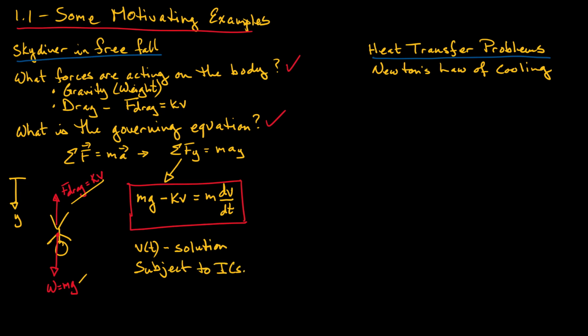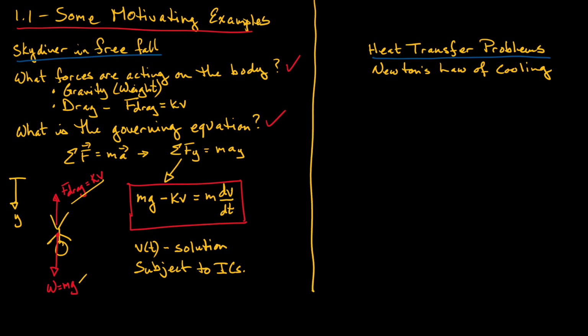So initial conditions might be the original position or the original velocity of the skydiver. So you can think if the skydiver simply just falls out of the plane, then the initial velocity will be 0. Whereas if the skydiver dives out of the plane, then perhaps that initial velocity will be non-zero.